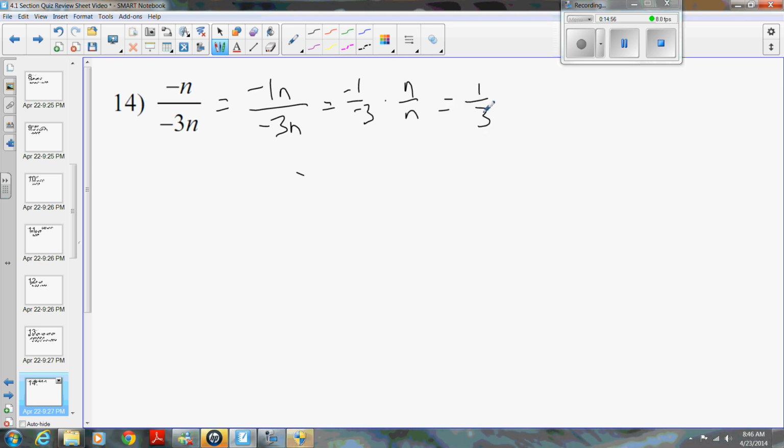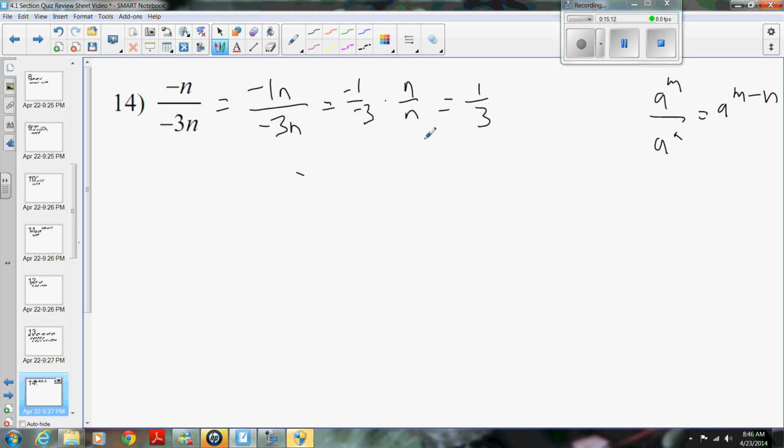+1/3. Now, n over n. Of course, anything divided by itself is 1, but also per the quotient power property, we have a to the m over a to the n is equal to a to the m minus n. So when there's a division of terms that have powers, you are subtracting their exponents.